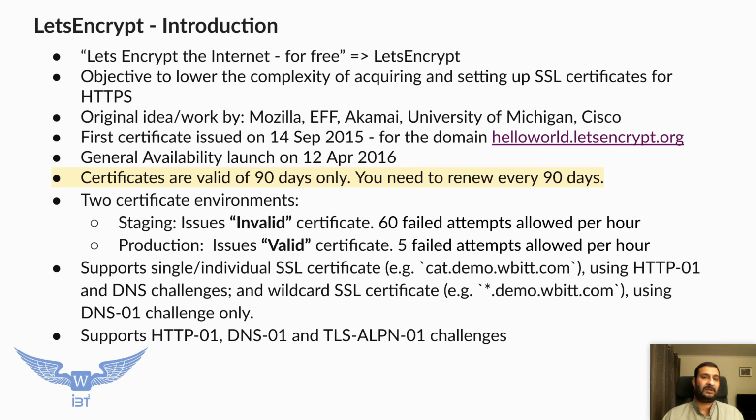They provide HTTPS functionality, but they are not trusted by any of the browsers in the world. So that's why they are invalid. The other certificate environment is production. You can also call them certificate servers, so to speak. So the other certificate server is production, which issues actual valid certificates which are trusted by the browsers in the world.